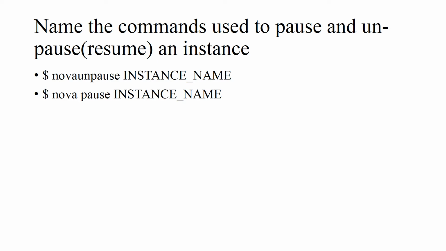It's $ nova unpause instance name if you want to resume the instance, or if you want to pause the instance, then it's $ nova pause instance name. So these are the two commands that are used to pause or resume the instance.